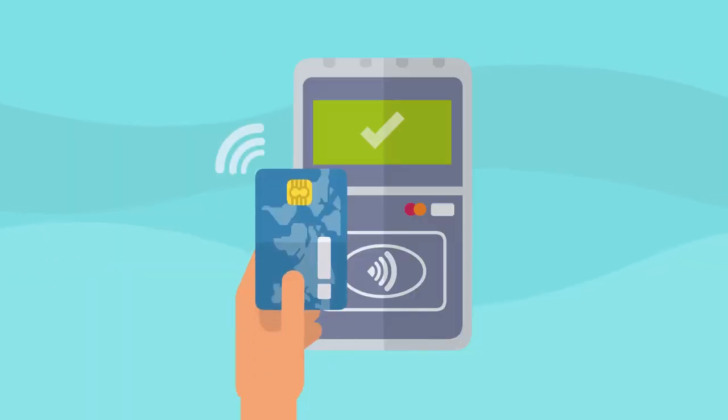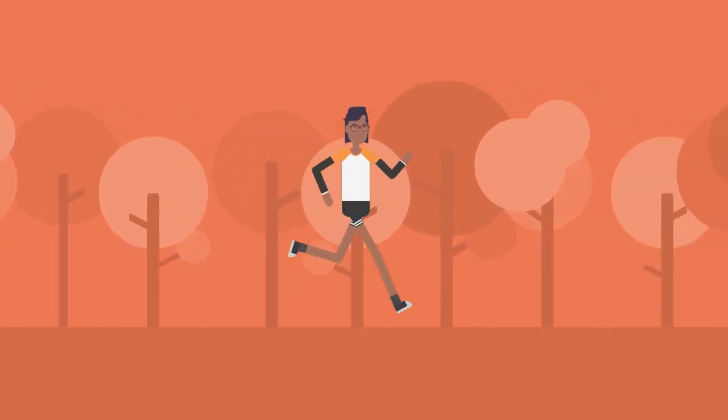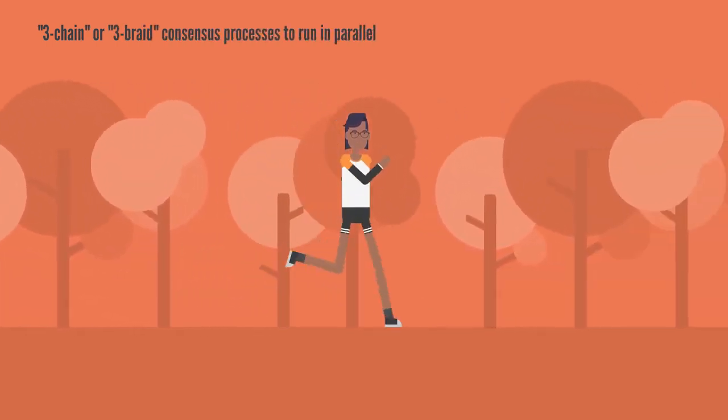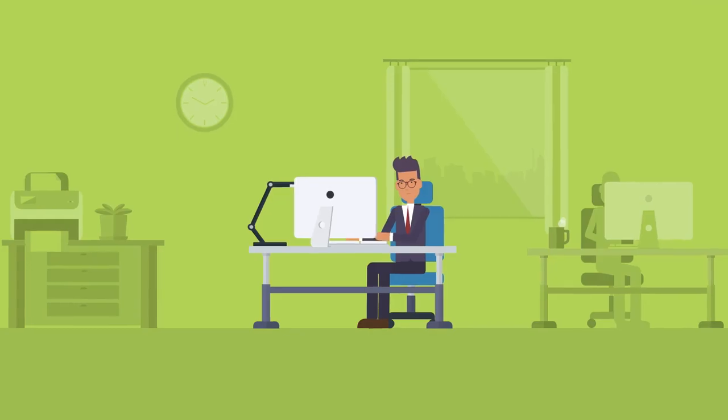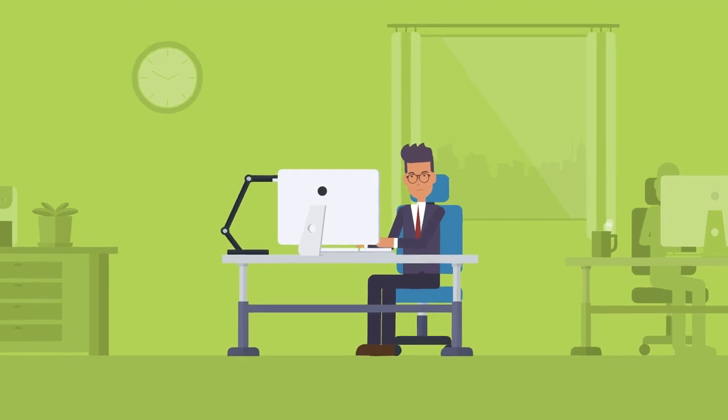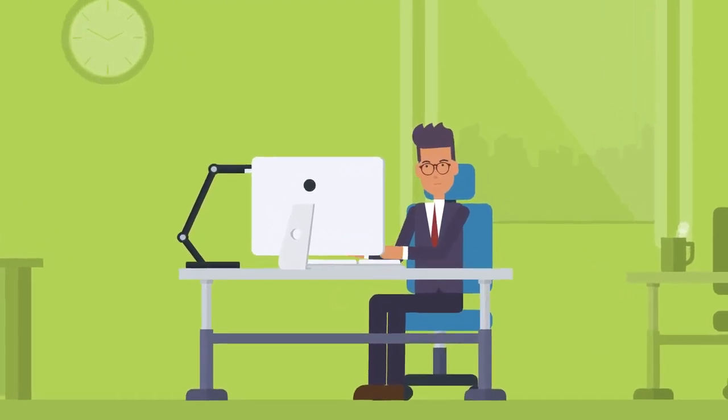This approach allows all relevant shards to atomically commit to transactions that might pass through multiple shards. Cerberus allows its 3-chain or 3-braid consensus processes to run in parallel. Each shard can reach consensus independently as needed for a given transaction.